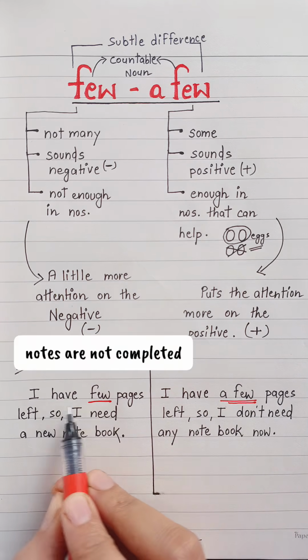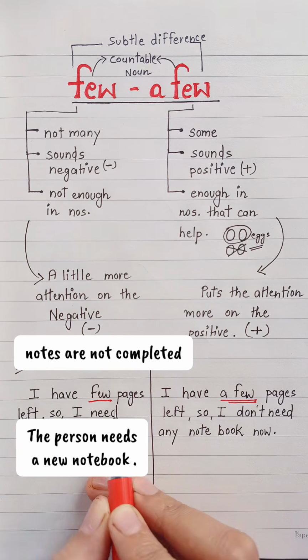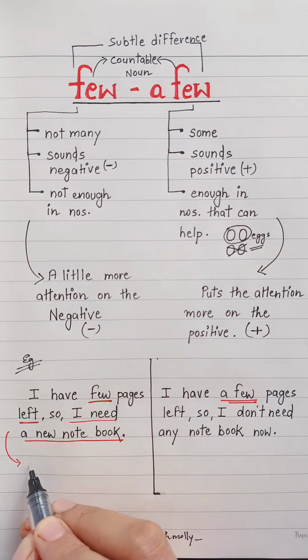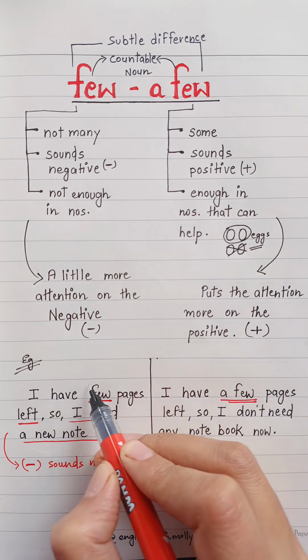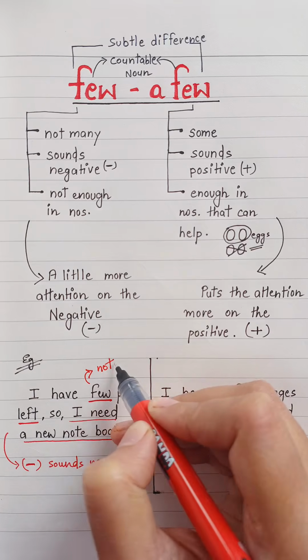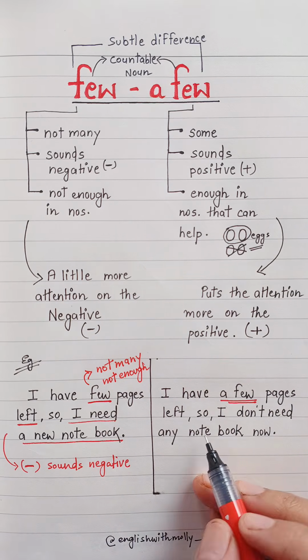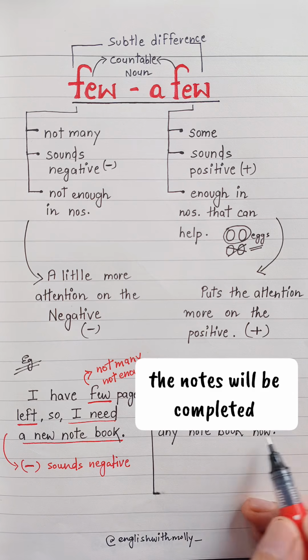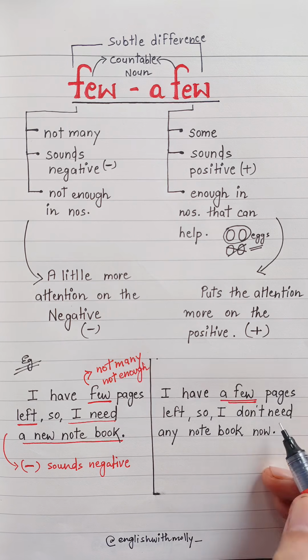In the first example, the notes are not completed because the person needs a new notebook. Here, left sounds negative. As we know, few means not many and not enough. In the second example, the notes will be completed because there are enough pages for that work.